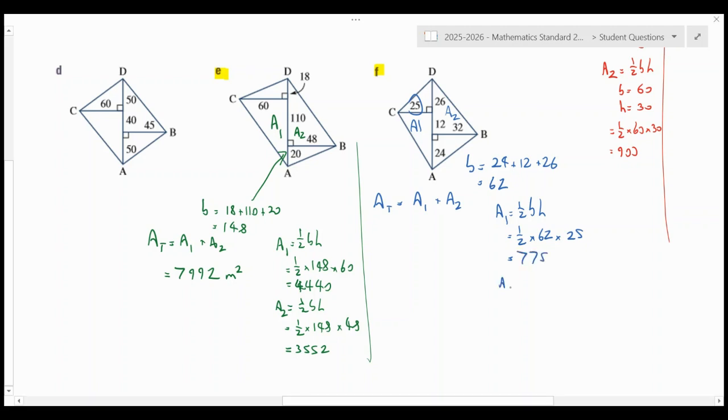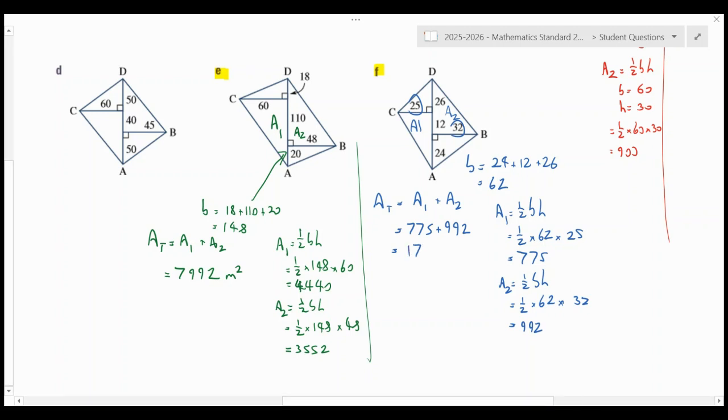That gives 775. And area 2 equals half base times height, which is half times the same base times 32, which equals 992. So area 1 plus area 2, 775 plus 992 will give me 1767.